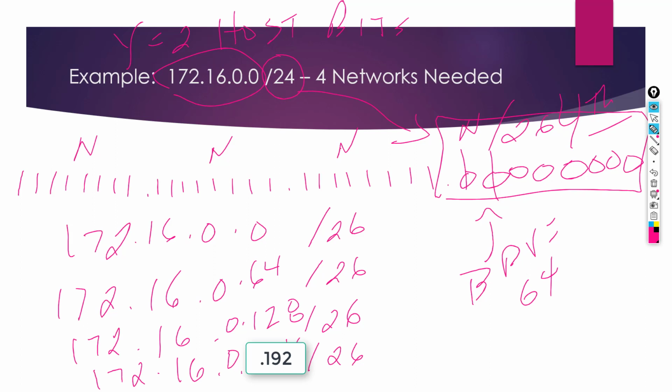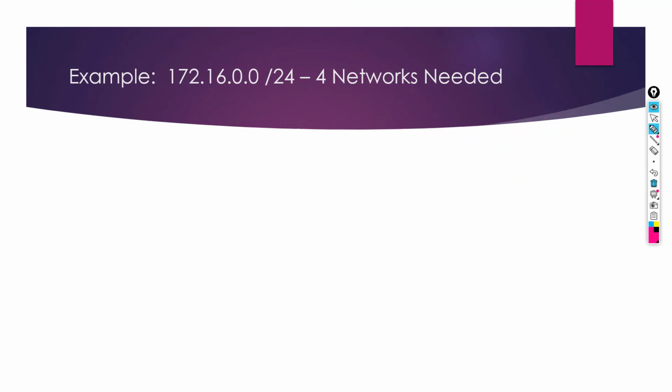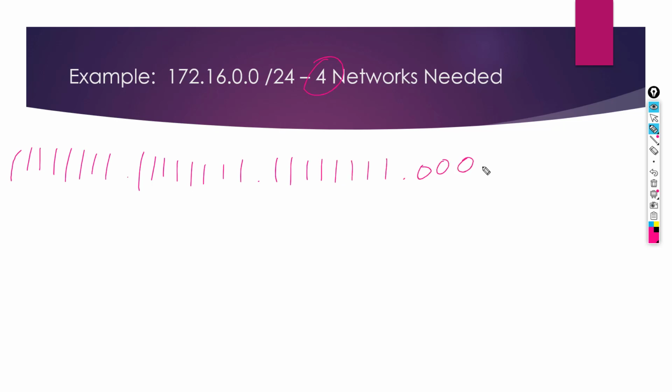And if we wanted to do this again, we could do it for 2 networks. Same process. 1, 2, 3, 4, 5, 6, 7, 8, 9, 10, 11, 12, 13, 14, 15, 16, 17, 18, 19, 20, 21, 22, 23, 24, 25, 26, 27, 28, 29, 30, 31, 32. And this time we're solving for 2 networks.